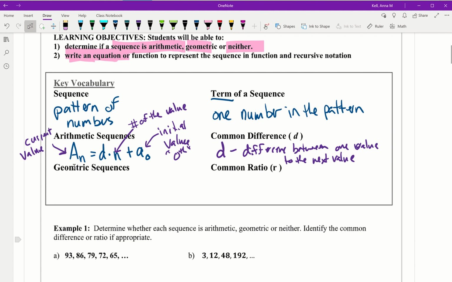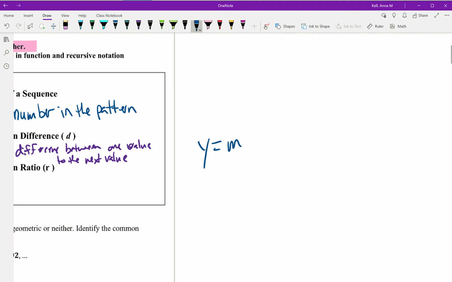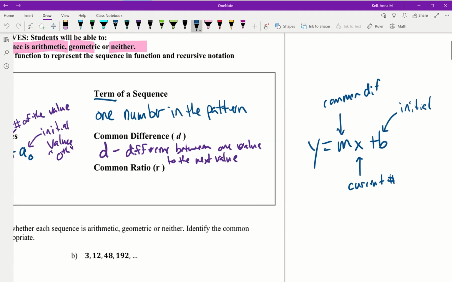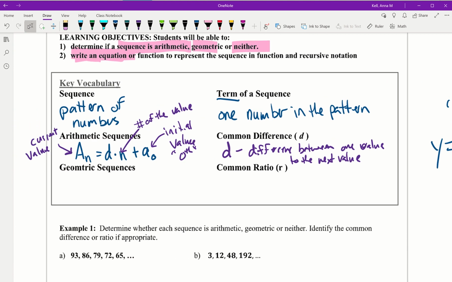This is all y equals mx plus b, okay? B would be that initial value, m is that common difference, and then x is the current number, and y would calculate that. So this is just a linear equation, okay?